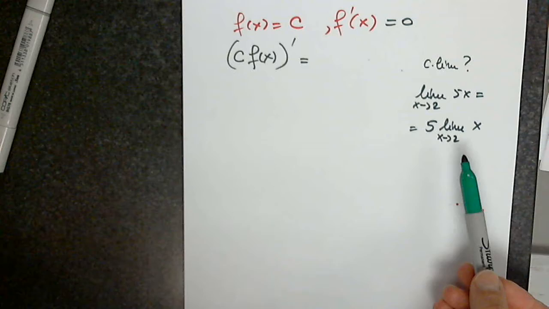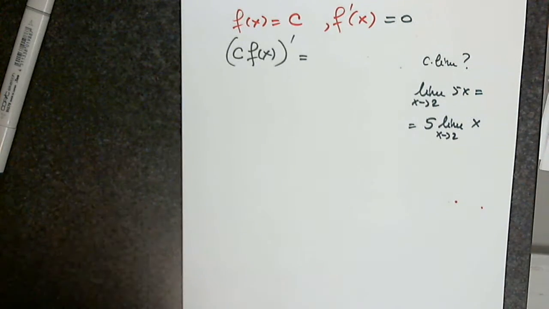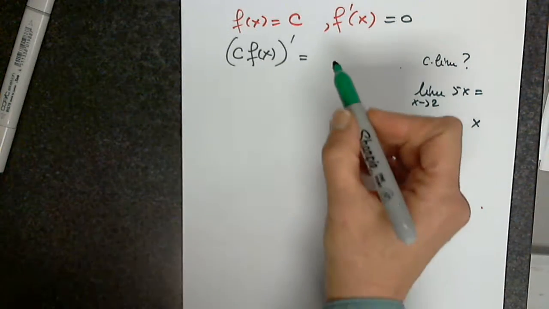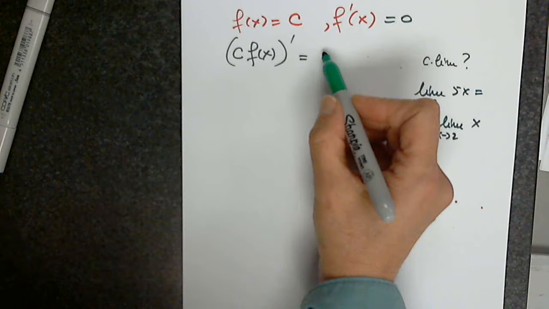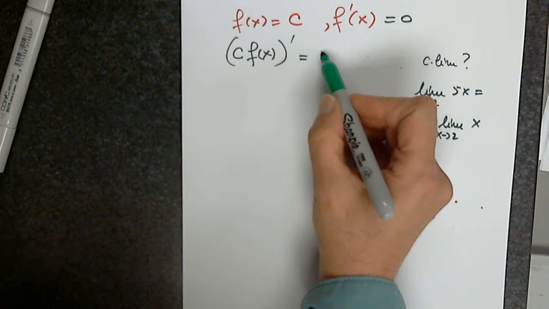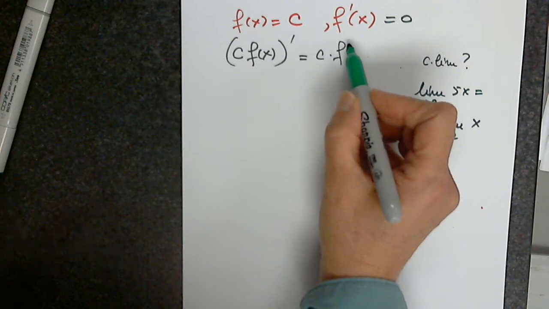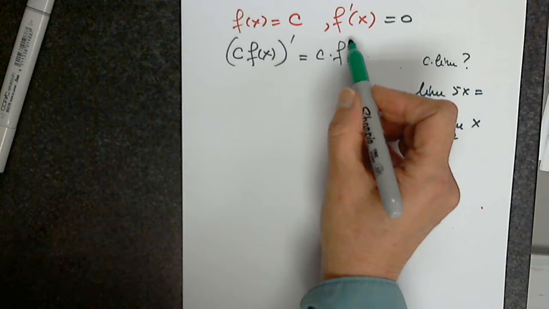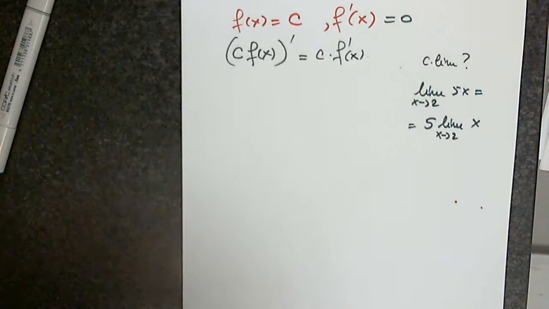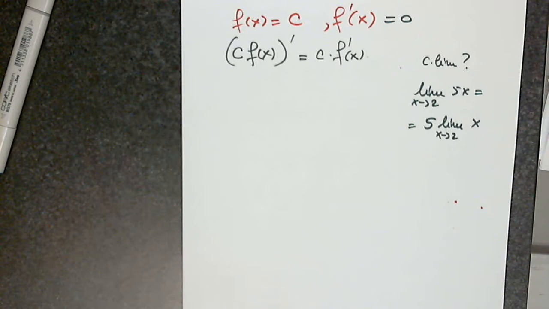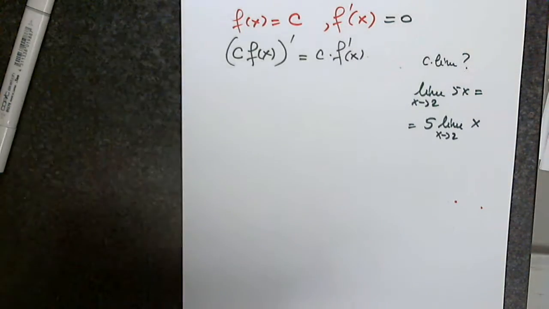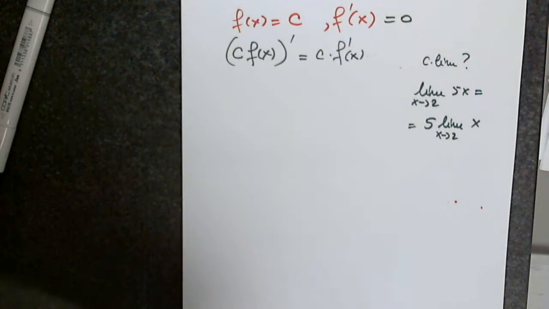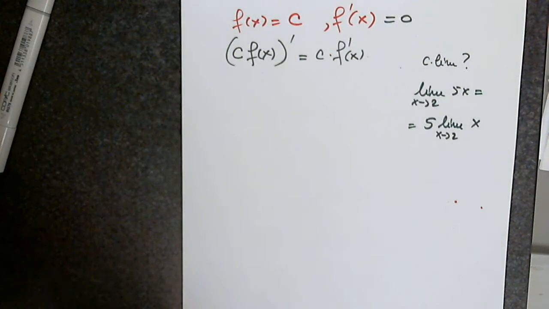So just mimic this and tell me what to write. Times f prime of x, that's it. In case you're thinking about the product rule, there is no need because the constant prime is 0. Is that what you had in mind? Yes, there is no need because that's a constant. You're way ahead of me, that's wonderful.